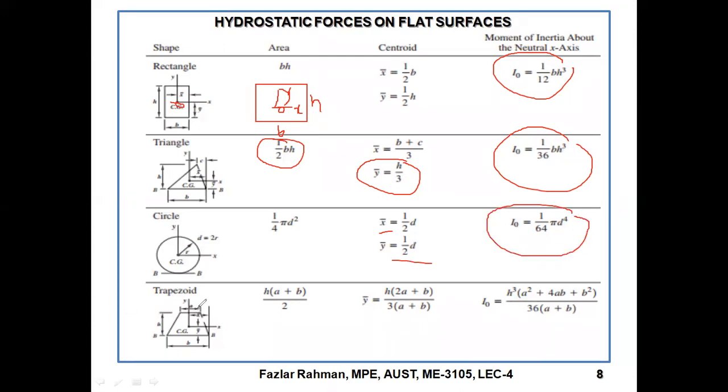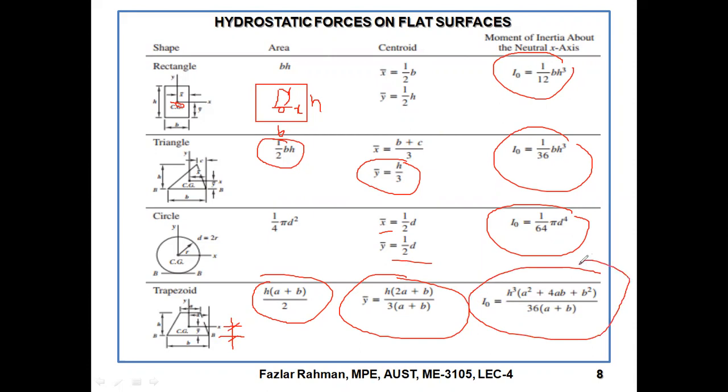And for a trapezoidal area, the area equals the average length, a plus b divided by 2, multiplied by h. This is the formula to figure out the y bar. Y bar means this vertical height of the CG, this height. And this is the inertia with respect to the CG of the object.